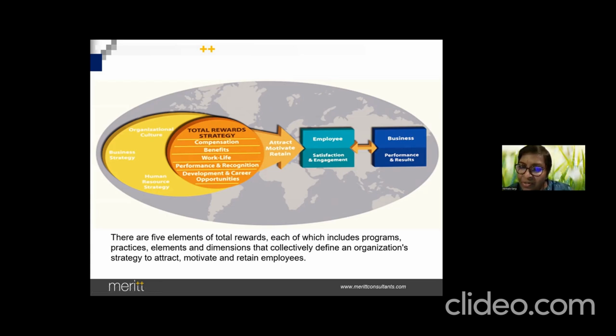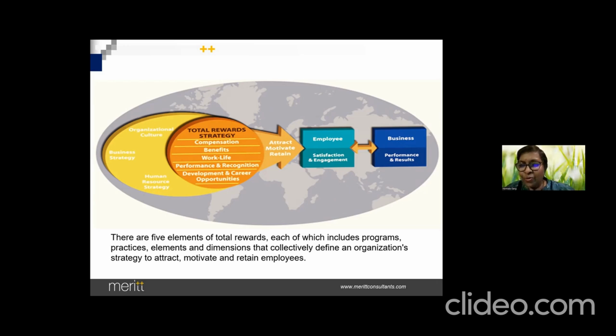And then development and career opportunities. That is, what are you investing in? What kind of development are you giving to upgrade his skills? What are the career advancements, etc. So there are 5 key elements which, as per WorldatWork, an organization needs to address in its total reward strategy.